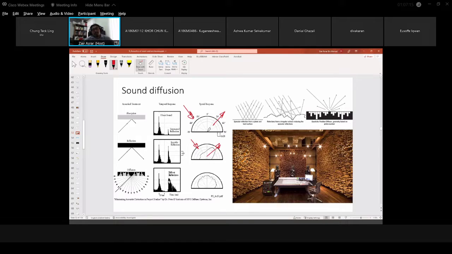It will not change much in terms of the sound pressure level or amplitude, but it will change a lot in terms of the distribution of sound energy, where the sound will be reflected.